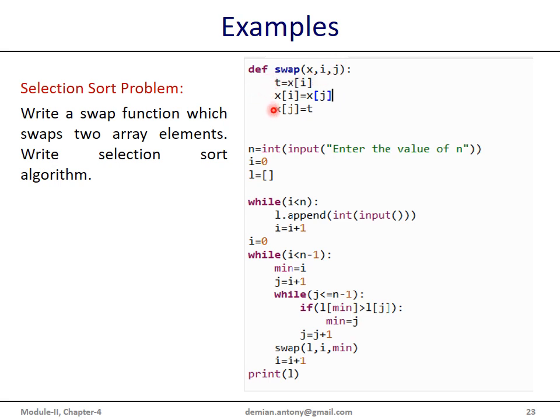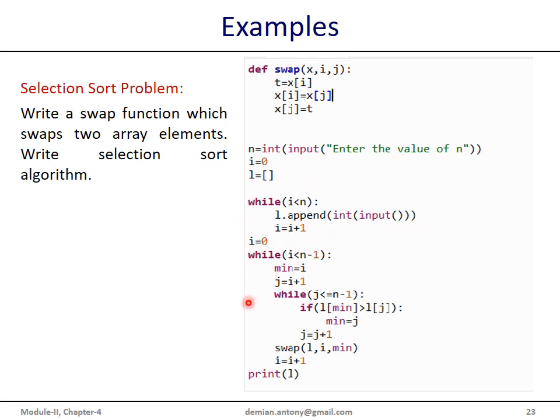And this is the well-known code to swap the two list items. t is equal to x of i, x of i equal to x of j, and x of j equal to t. In the main program, we read the total number of elements to be sorted and create an empty list L, and we go on to read the n element numbers from the console.